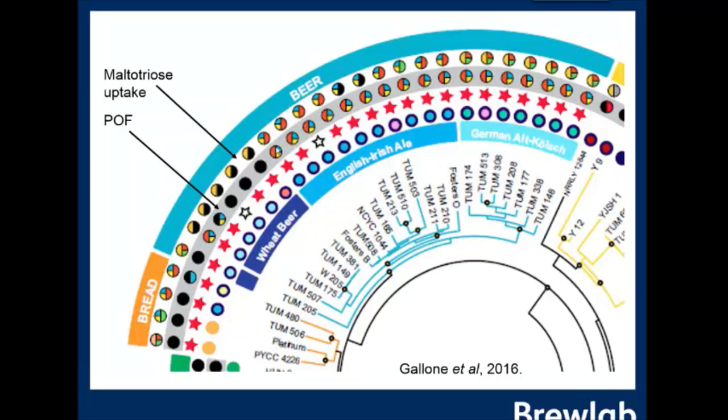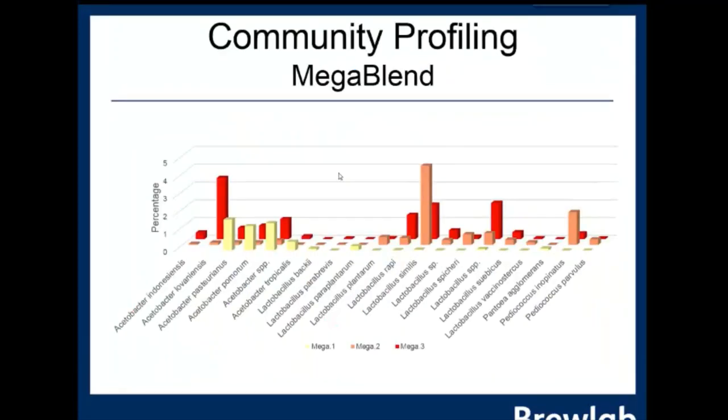And that would have been selected over many decades, centuries probably, in order to give the flavours that we associate with those beer styles. Maltotriose uptake is also distinctly different for the wheat beer groups and the standard groups for our standard ales. So there is beginning to be a body of knowledge into the compositions of yeast groups, into the genetics of specific genes, or features of specific genes, that give characteristics to particular styles.